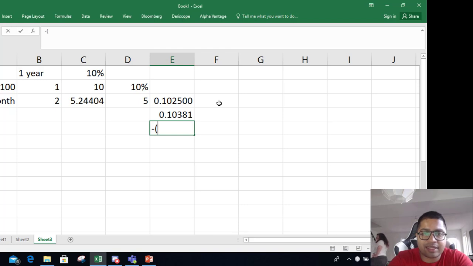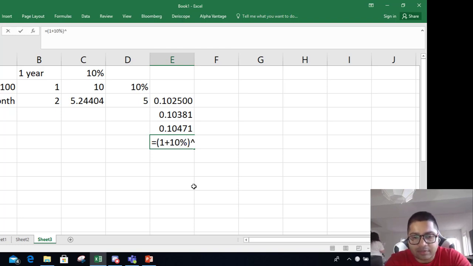If it is monthly, you'll be paid 12 times in a year, so 1 plus 10% divided by 12 to the power 12 minus 1. Then weekly, it will be 1 plus 10% divided by 52 weeks in a year, to the power 52 minus 1.